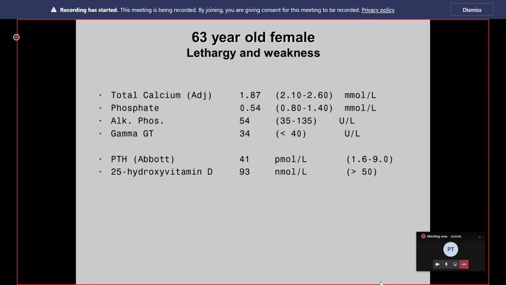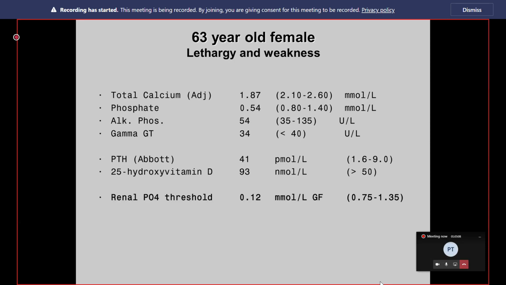A 63-year-old female presented with lethargy and weakness. She was found to have a low calcium and a very low phosphate with secondary hyperparathyroidism. So it could have been vitamin D deficiency, but her vitamin D was normal.